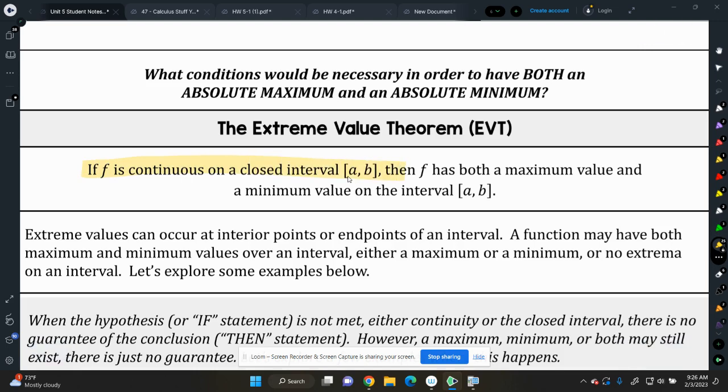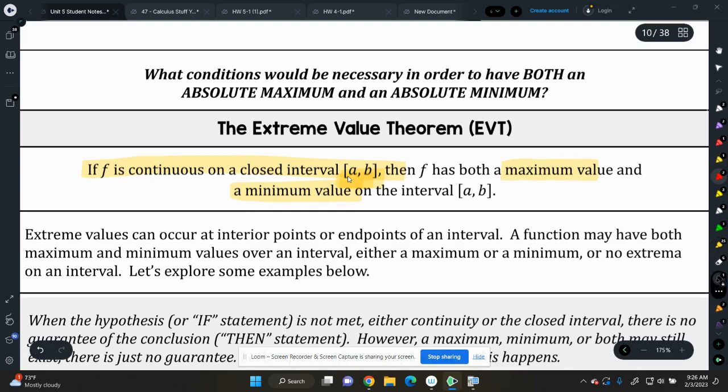Basically, if we have a continuous function on a closed interval, we are guaranteed to have both a maximum value and a minimum value on that interval.